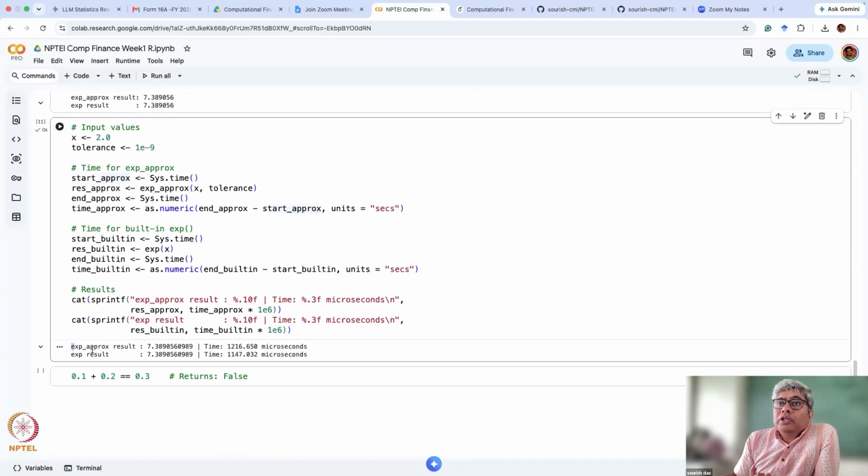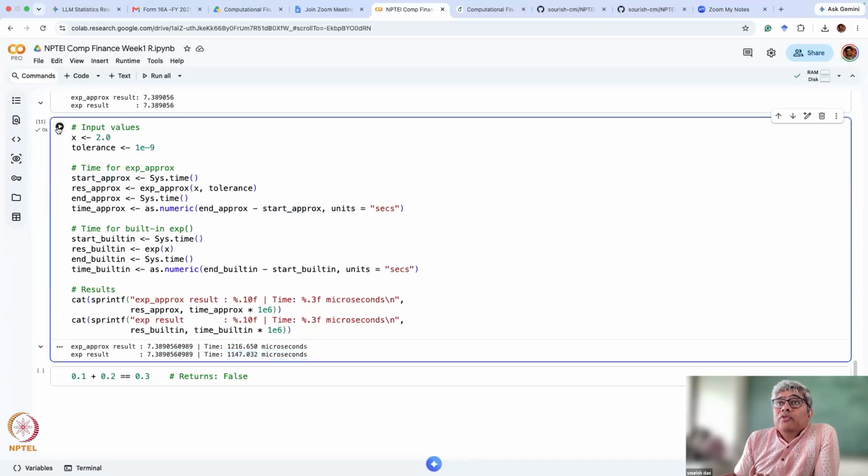So our function's output exactly matches. It took 1216.65 microseconds, and the built-in function exp gave exactly the same result, and it took a little less time, 1147.032 microseconds.